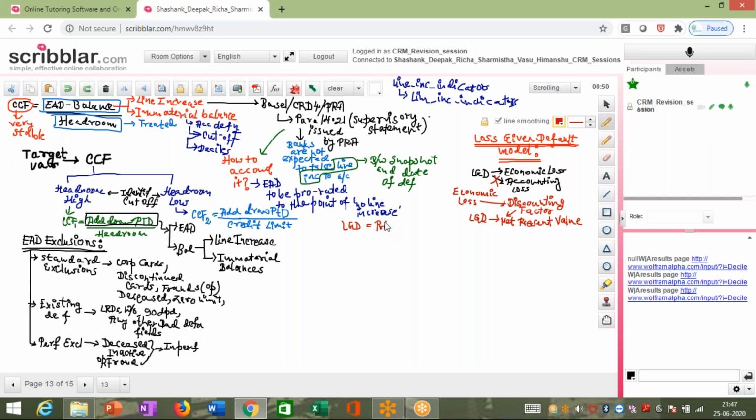Now to this we adjust the recoveries. But the recoveries happen over a period of time, so this is the discounted values of the recoveries that we are talking about.